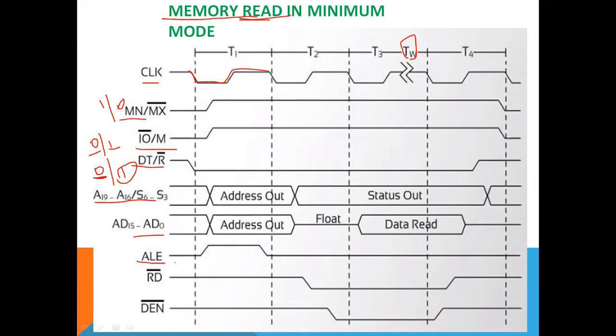Address latch enable: the first T1 state is only to find the address. So that part only is enabled. For a read operation, we have to read only the data, not the address. So in this part only we have to read the data.